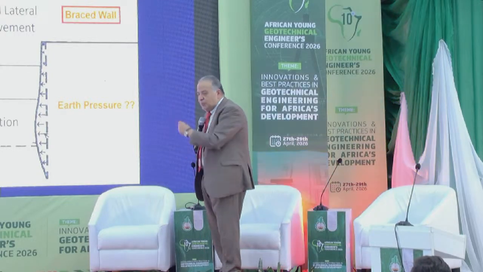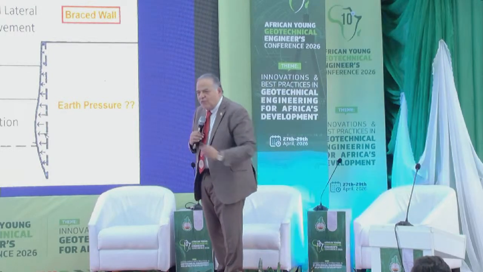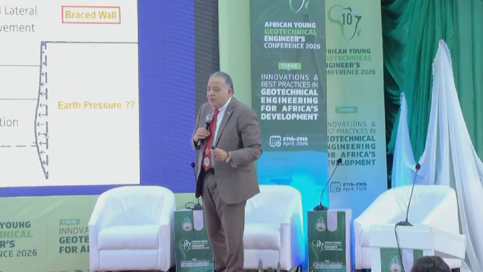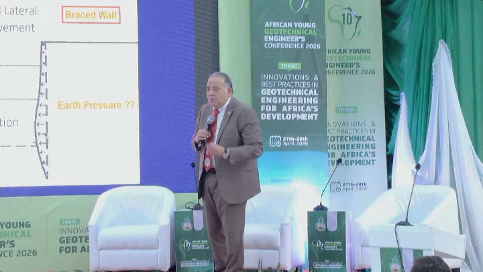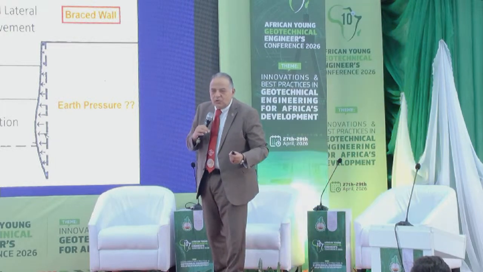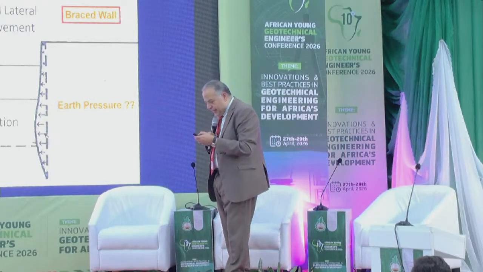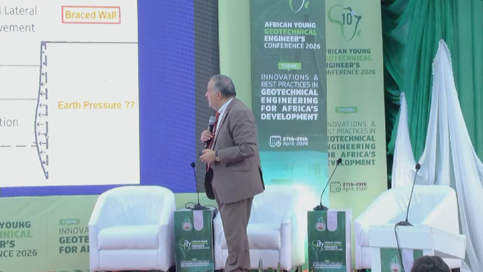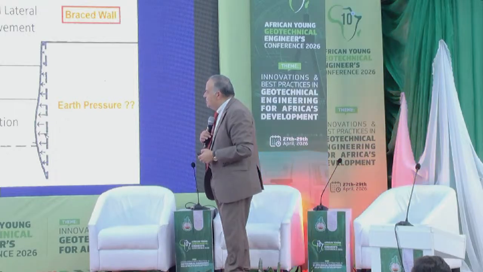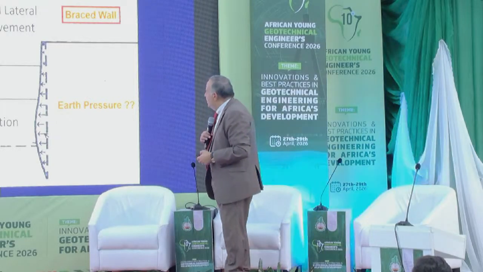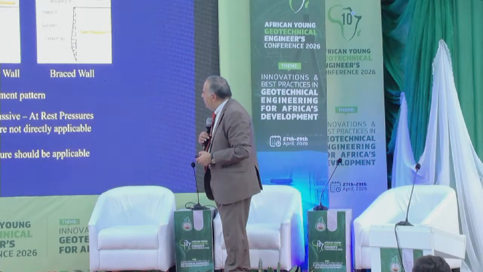If we have a support, the support restrains the movement at a certain place. Yes, it is restraining the movement, but it is not really a K naught condition. So it's a complicated pattern of movement, and we cannot basically use Rankine or Coulomb.